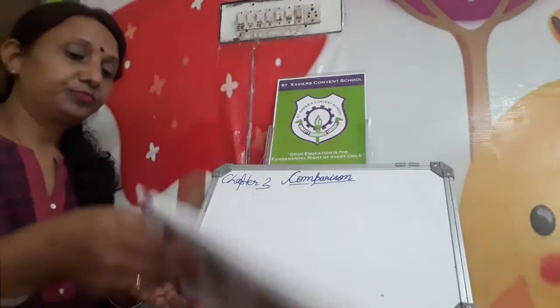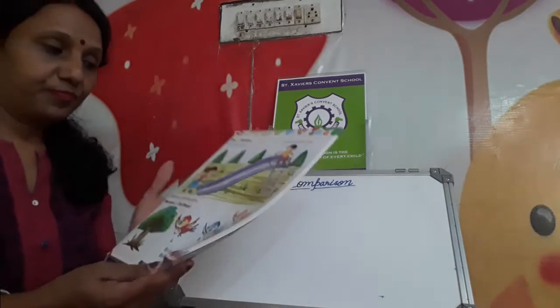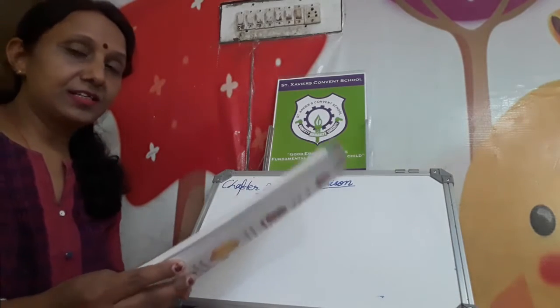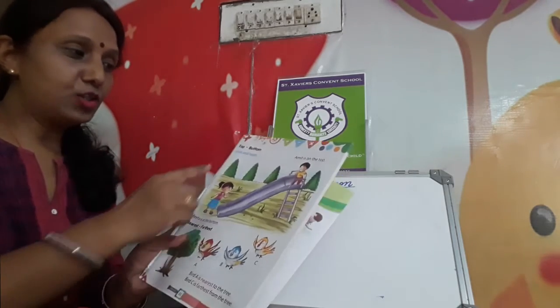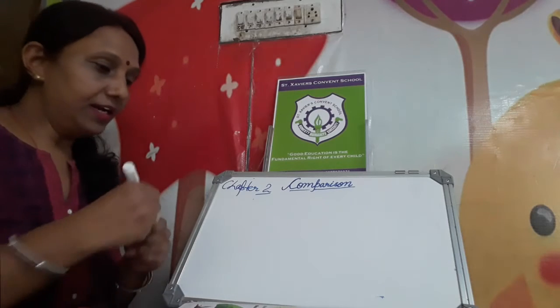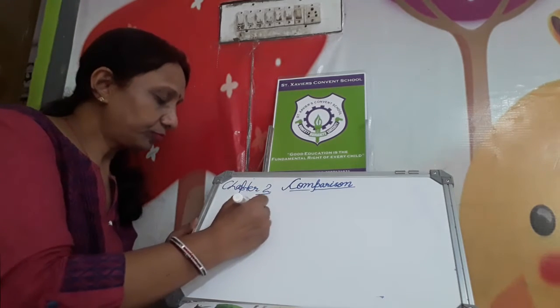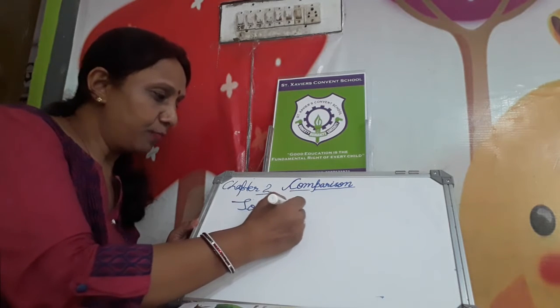Alright, next, page number 11, you see that we will study top and bottom. Alright, top and bottom. Which one is at the top and which one is at the bottom?